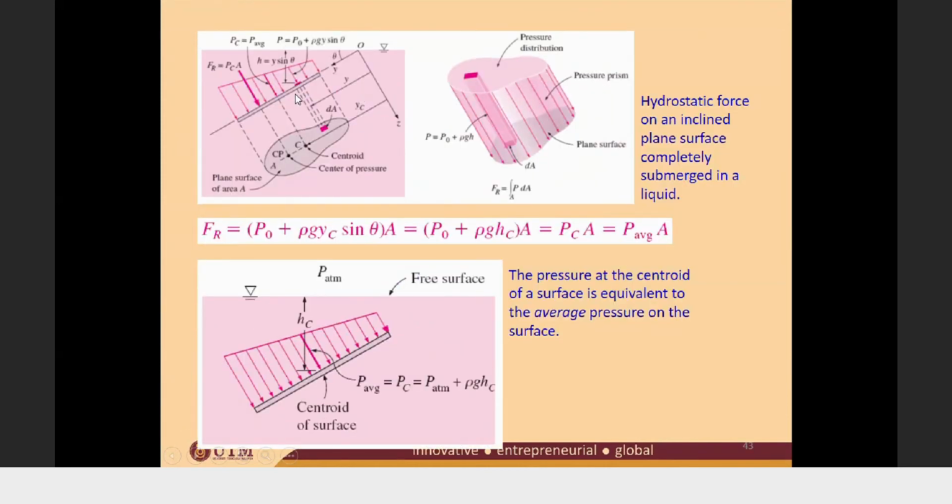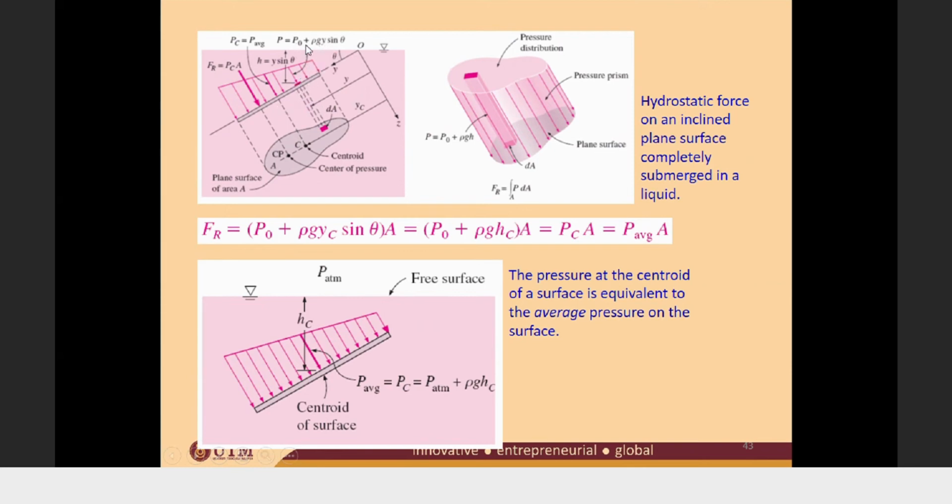So let's say you want to measure the force here. The force here is actually pressure times area, right? The pressure here is P naught plus rho GY sin theta.